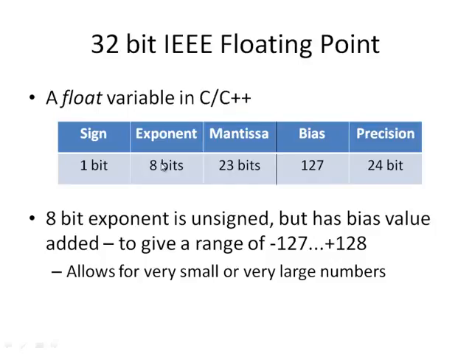And if our exponent value here is all ones, well, that would be 255 minus 127 would be 128. So we can get a range of times 2 to the minus 127 or times 2 to the plus 128 for our exponent part here. And the mantissa is a 23-bit number, but we're allowed to have a leading 1, which gives us up to 24-bit precision in IEEE floating point. And we can represent very large and very small numbers.